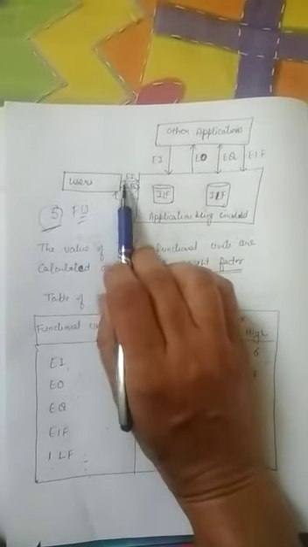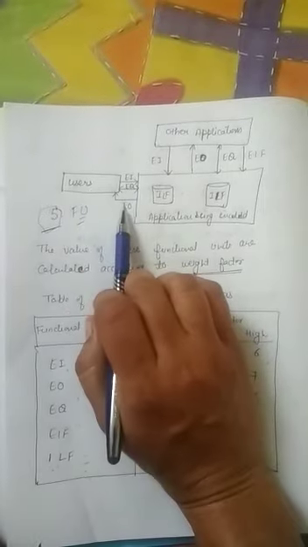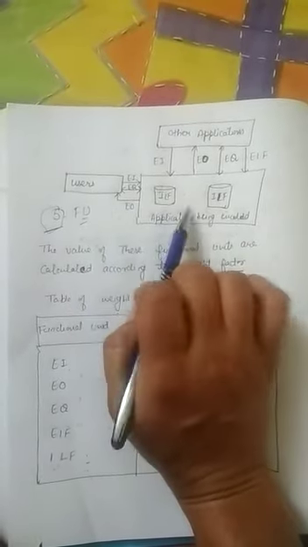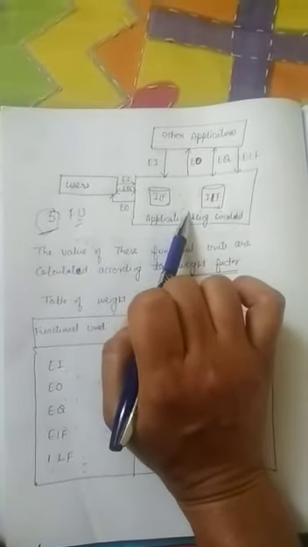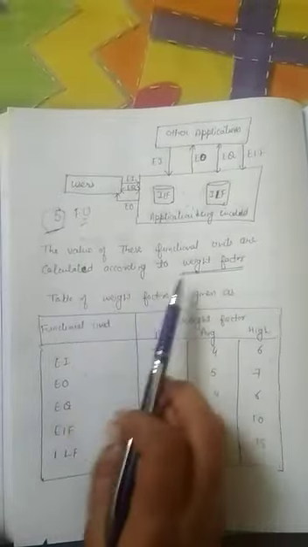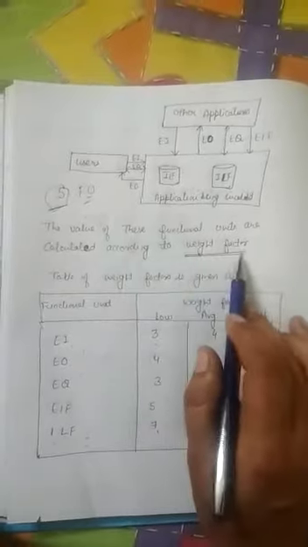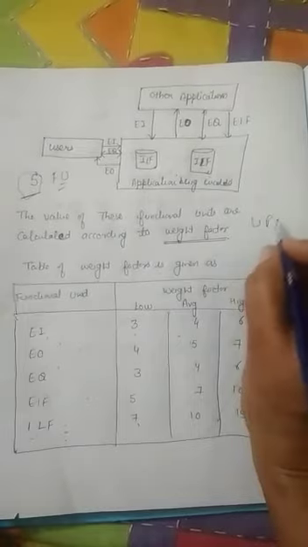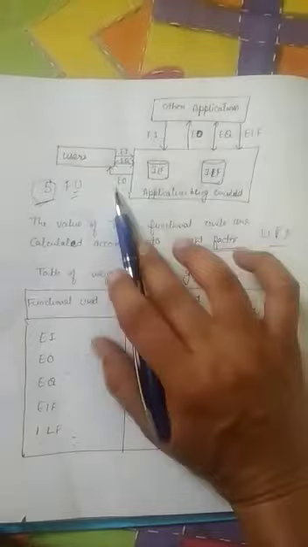We can see that EI, EQ or EO make an interaction between the user and the application, and other applications can interact with the application whose size is being measured through these functional units. Now the values of these functional units are calculated according to the weight factor. Now the main concern is how the value is mathematically calculated, and we want to calculate UPF. Now UPF depends upon 5 functional units which we already discussed.